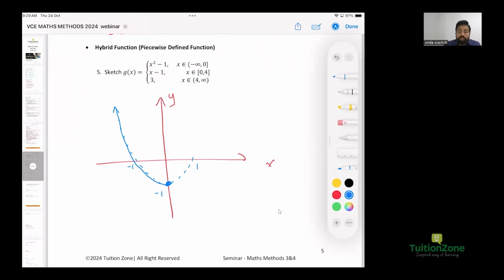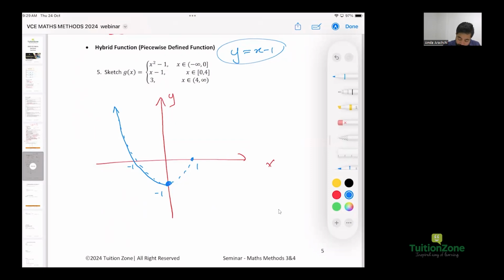And then x minus 1. So y equals x minus 1 is a straight line, with intercepts x equals 1, y equals negative 1. So literally going through the same two points. What's the restriction? From x equals 0 to 4.